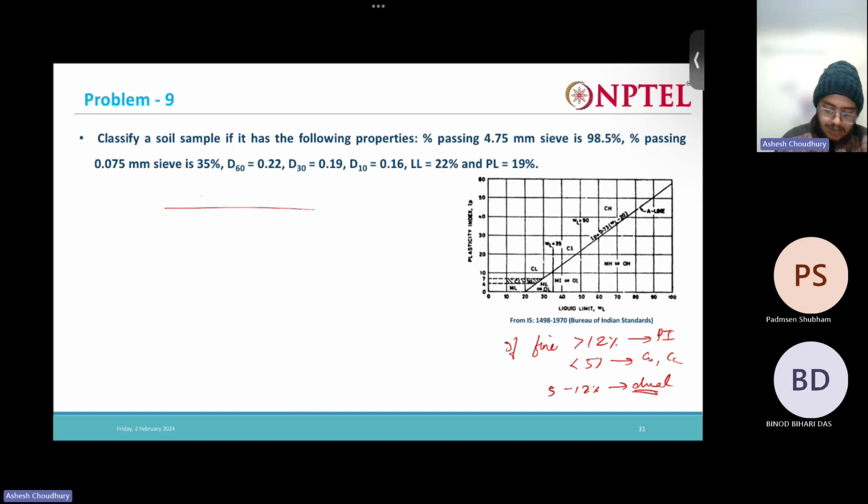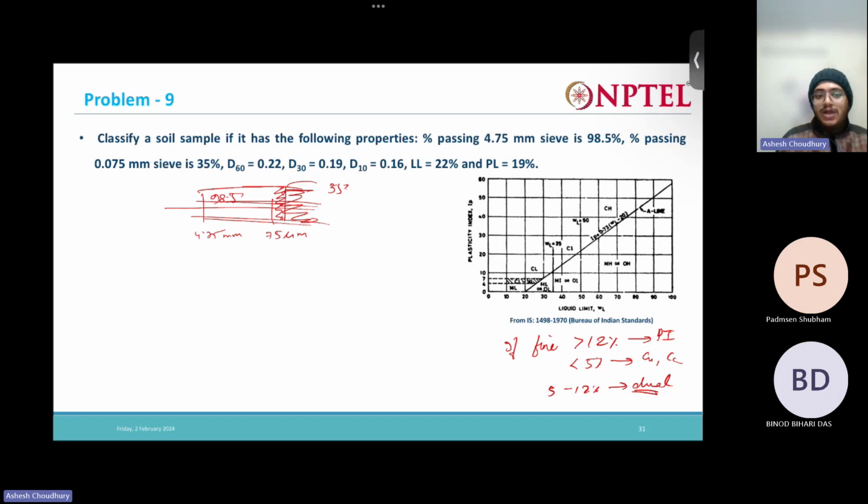98.5% is passing through the 4.75 mm sieve, but only 35% is passing through 0.075 mm. Obviously this is a coarse fraction.